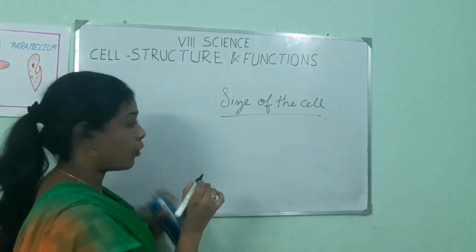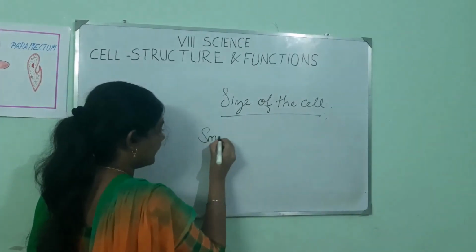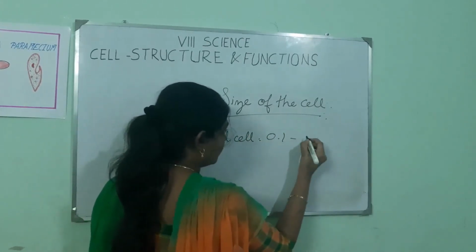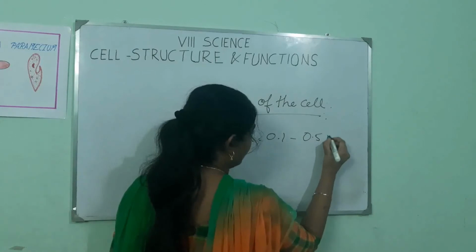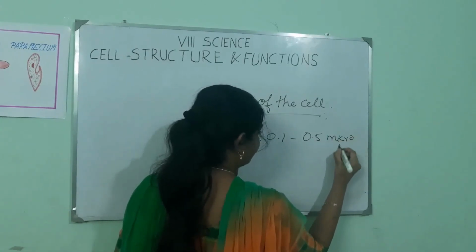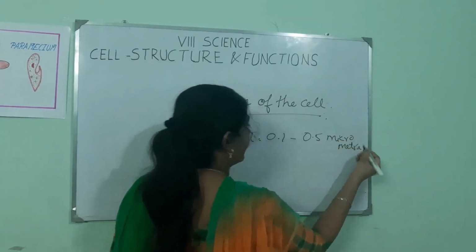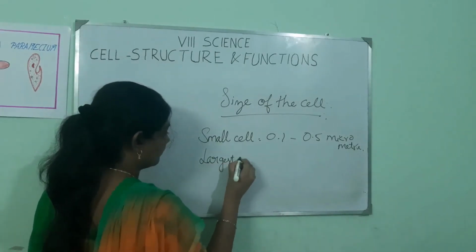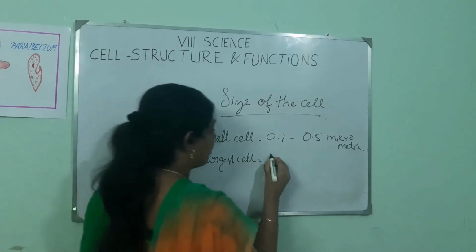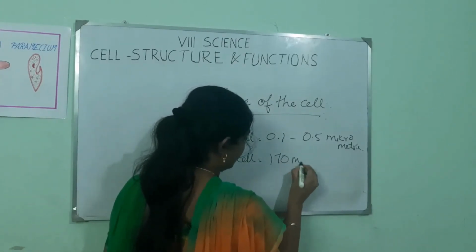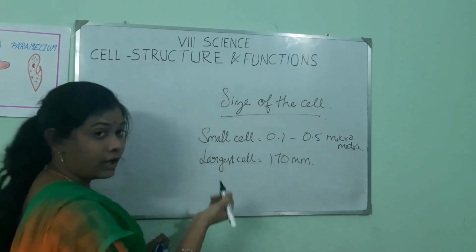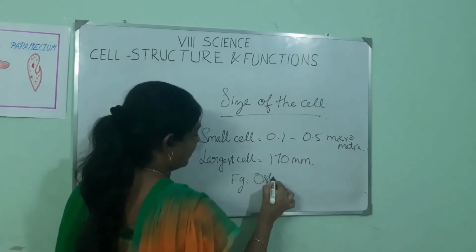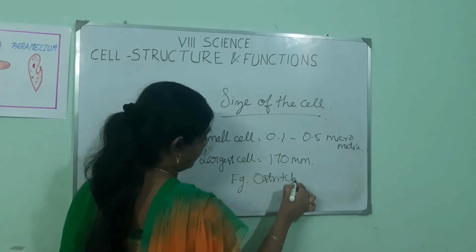The very small cell is of the size 0.1 to 0.5 micrometer, and the largest cell is of 170 millimeter. The largest cell example is ostrich egg.